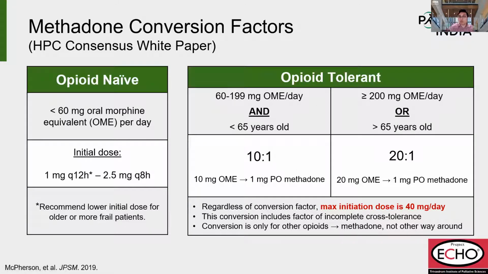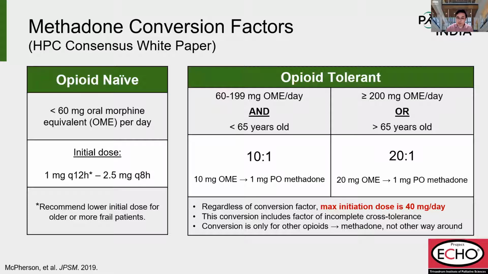With this white paper consensus, there are two major categories: determining if your patient is opioid naive versus opioid tolerant. Typically we define opioid naive as any patient using less than 60 milligrams of oral morphine equivalents a day. Any higher than that, for at least 7 days, we typically consider opioid tolerant.